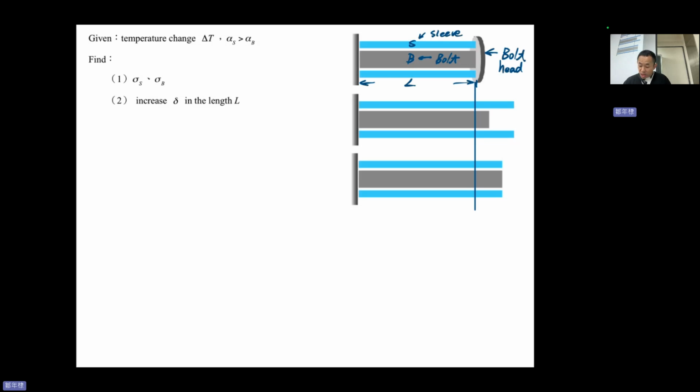If you don't have the head, no constraint, and you increase the temperature, the sleeve will elongate further and much more, and the bolt will increase a little bit. So you can say this is delta 1 and this is delta 2.